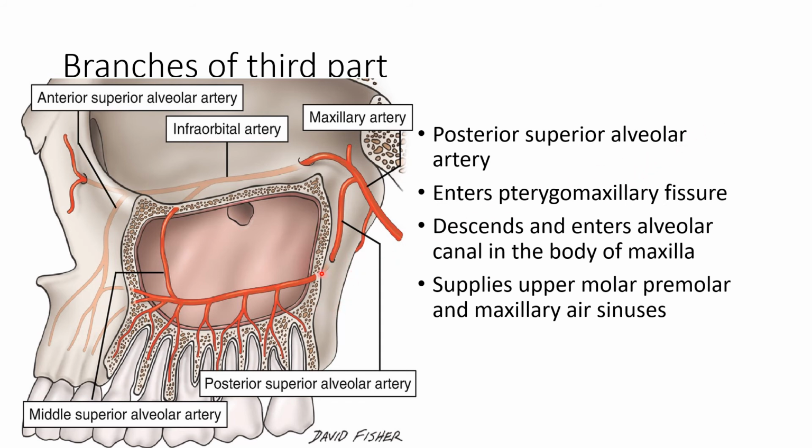I have shown you over here that the posterior superior alveolar artery supplies all this region. It moves through the pterygomaxillary fissure, and here it descends in the alveolar canal, and it supplies the maxillary air sinuses.